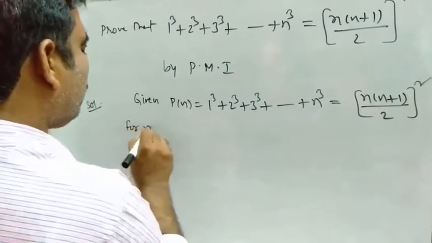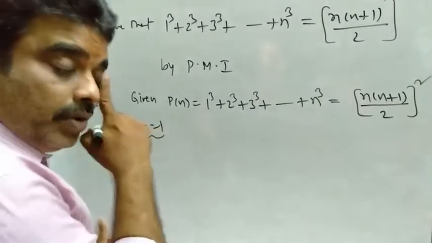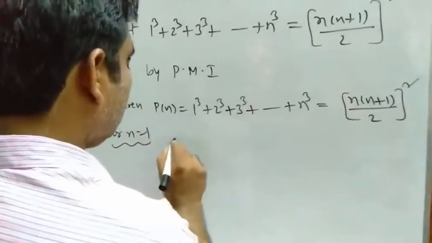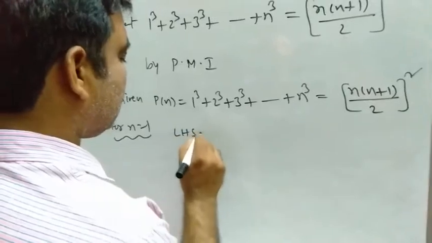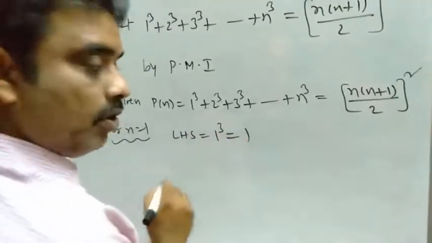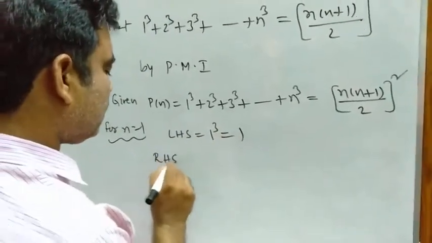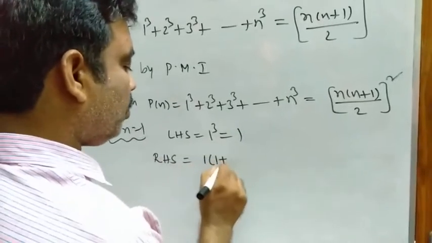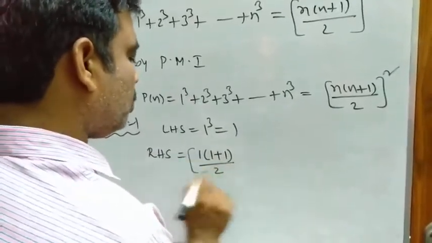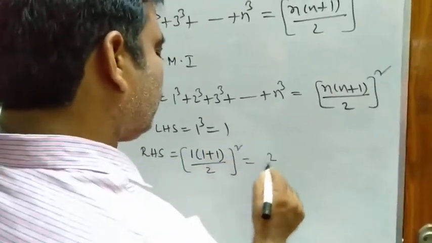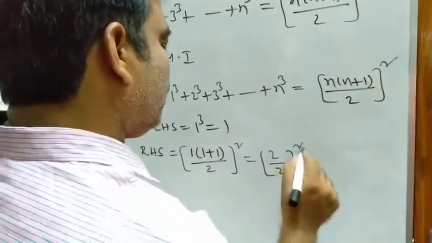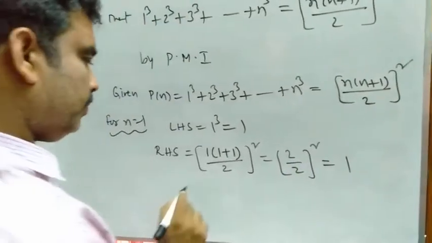For n is equal to 1, on the LHS this is 1 cube, that is equal to 1, and RHS is (1 into 1 plus 1 by 2) whole square, that is equal to (2 by 2) whole square, that is equal to 1.